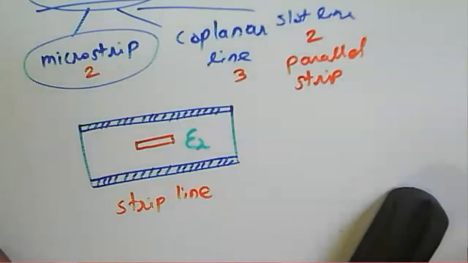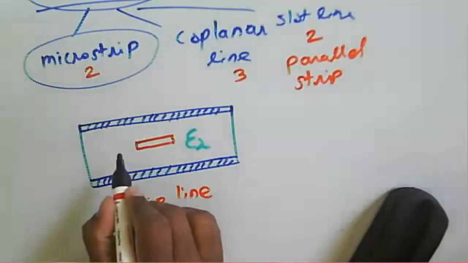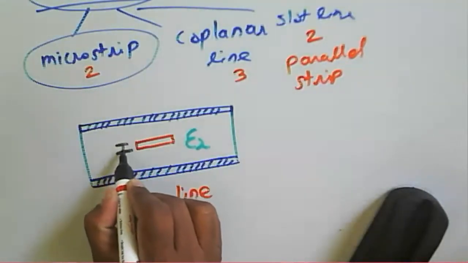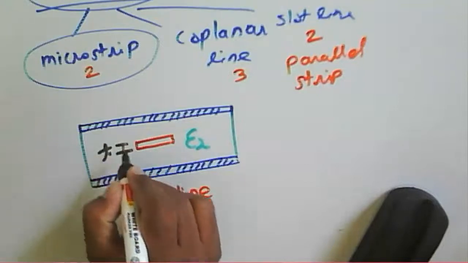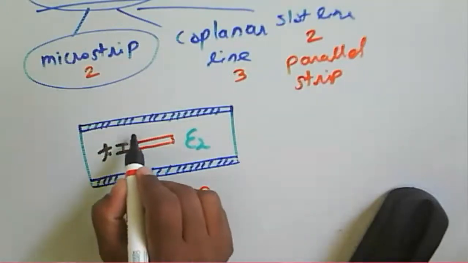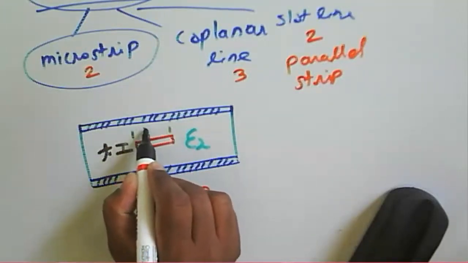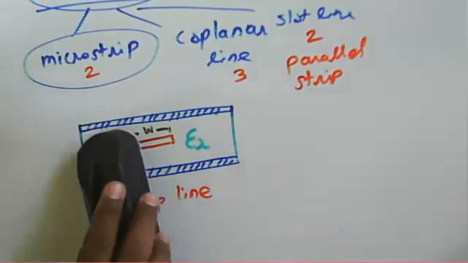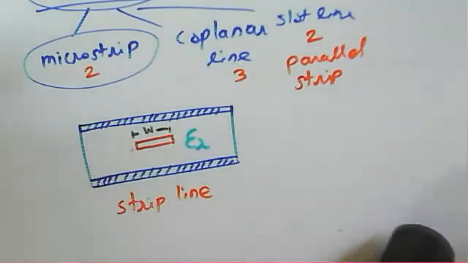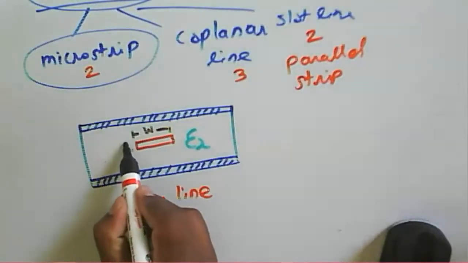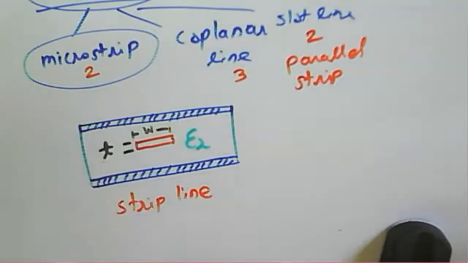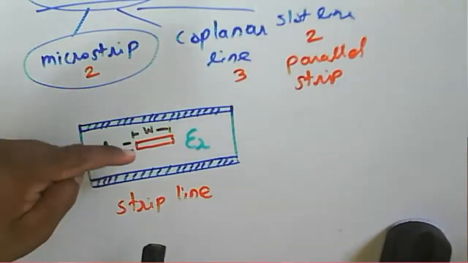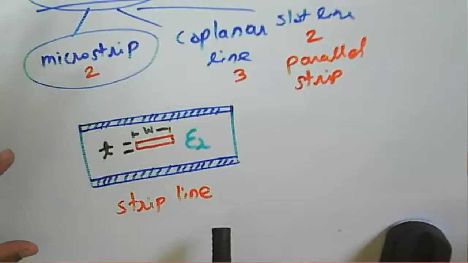So we see here what the thickness is: this one is the thickness, that is t, and this one is the width. For this given strip, this is the width, and this is the thickness t of the conductor.